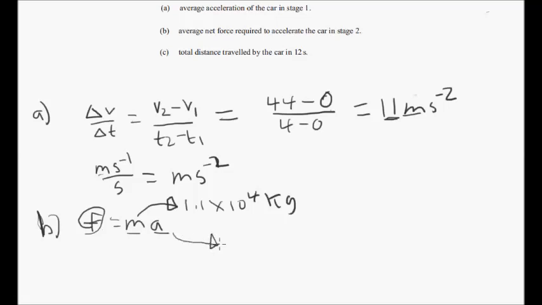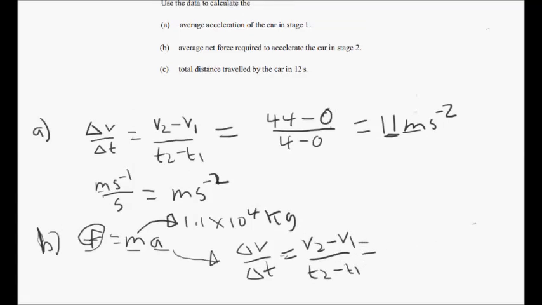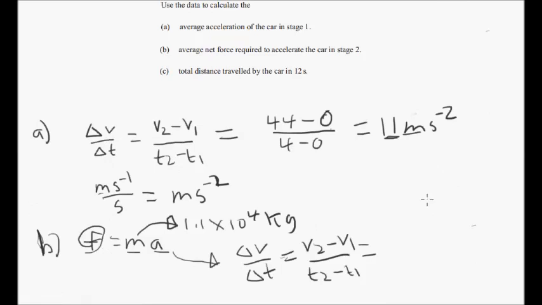Acceleration, well, we're going to do exactly what we did in part A, which is delta V over delta T, and this is V2 minus V1 over T2 minus T1. Our final velocity is 280 minus 44. Now, why is it minus 44?